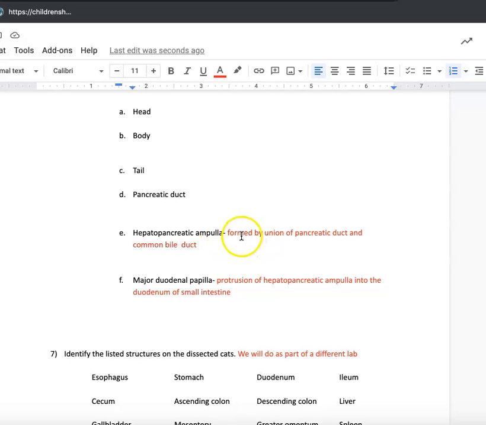So I would ask you this in written form, formed by the union of the pancreatic duct and the common bile duct.